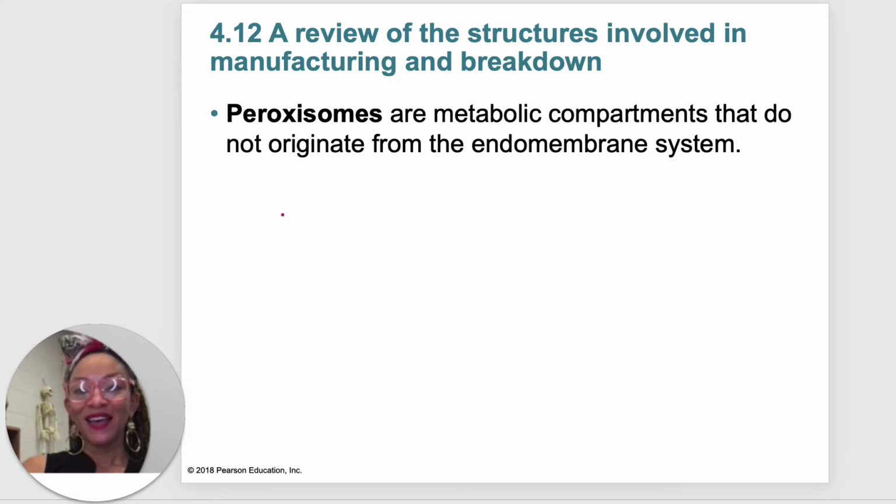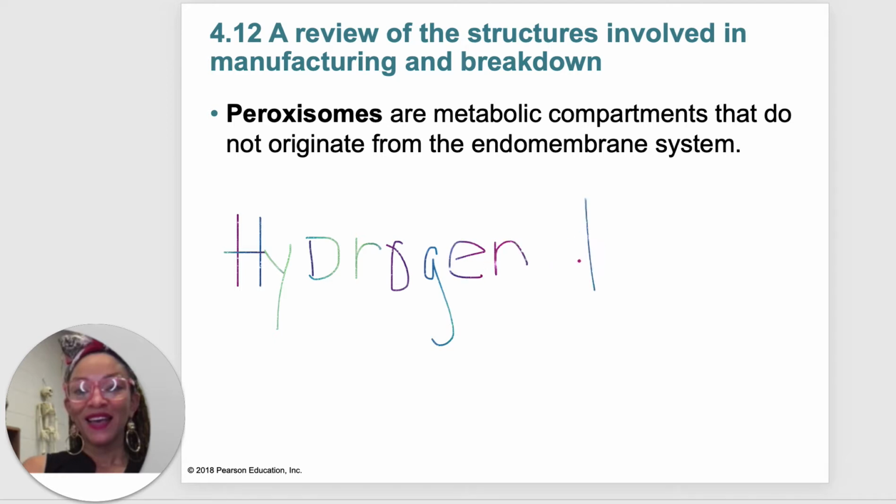Okay, so lastly, the last part of that endomembrane system is something called a peroxisome, and they actually produce something called hydrogen peroxide. So if anyone has ever heard of hydrogen peroxide before, or if you have some in your house right now, it's in those gigantic brown bottles, and you pour it on your skin when you have a cut or something, and it kind of bubbles up and tingles.